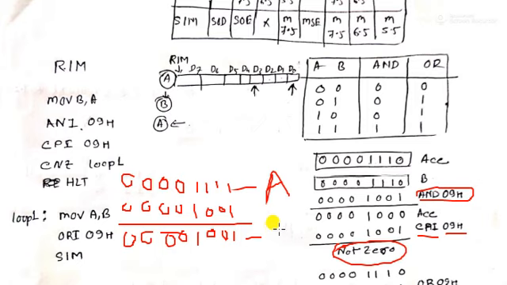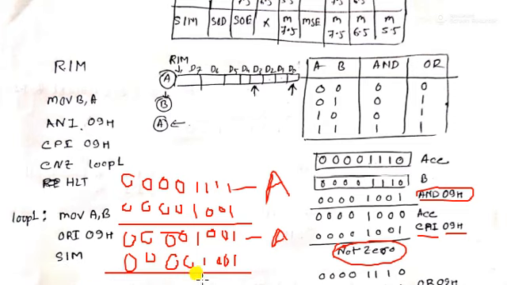So now the current accumulator content is this one. Okay. Now we compare with 09, that is 0 0 0 0 1 0 0 1. Okay.